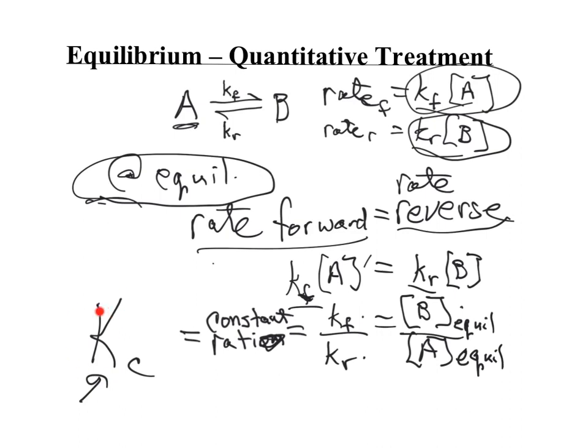Capital letter K is an equilibrium constant. That's one thing you need to keep straight. But for some reason, and maybe it's because a lot of this stuff was worked out in Germany, the Germans used K a lot for constant because they spelled constant with a K, not a C. And so we see a lot of Ks. There's not much we can do about that. The K is used a lot, and it's going to continue to be used a lot.